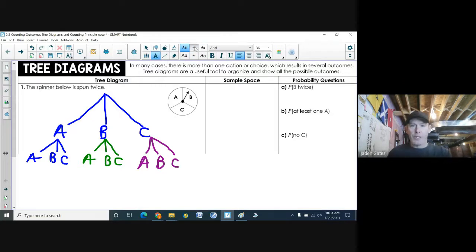Now, how it helps us out is when I'm dealing with my sample space. Again, your sample space is all the possibilities that you could have.